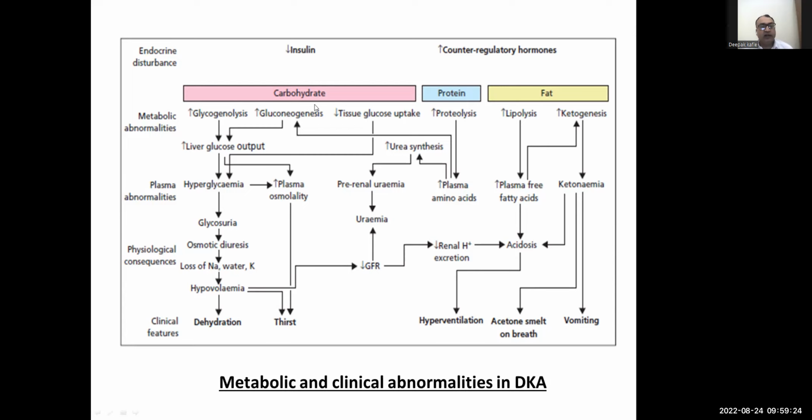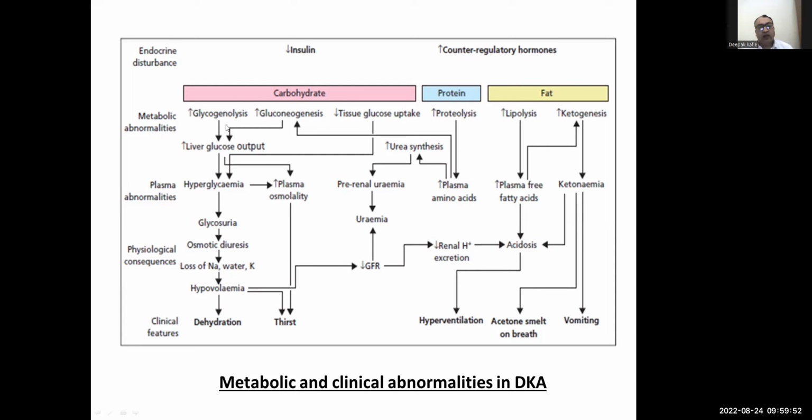For example, in carbohydrate metabolism, there will be increased glycogenolysis and increased gluconeogenesis. That's why the glycogen stores in the body will be exhausted within 24 hours. After the exhaustion of the glycogen stores, it leads to the degradation of fatty acids, and finally the ketone bodies will be formed.